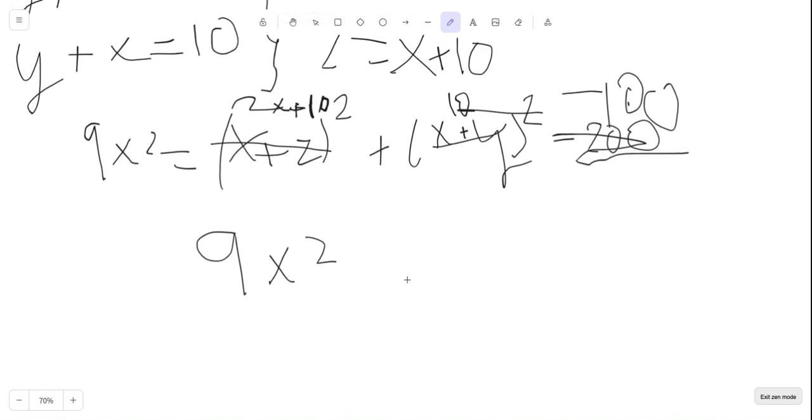Make sure you keep the algebra neat so that you don't make any errors. Sorry, my mouse is making rapidly weird movements.